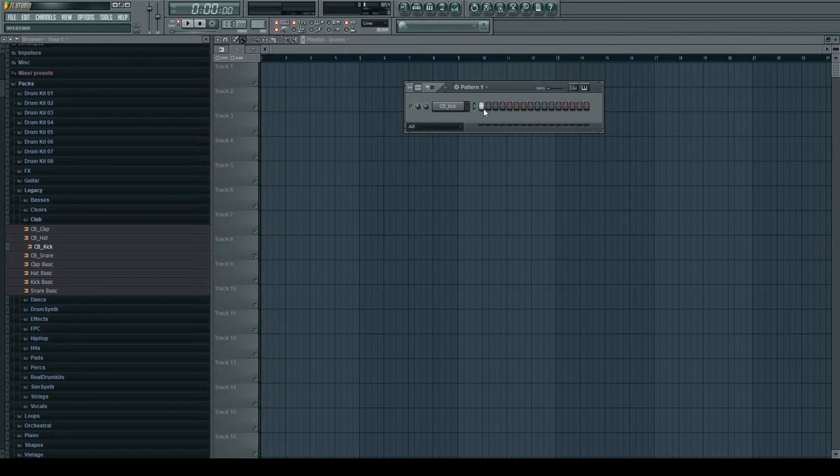So then 8th notes would be, since this is what a quarter note looks like, you're gonna put the 8th notes here. See? That's gonna be 8 notes. 1, 2, 3, 4, 1 and 2 and 3 and 4 and 1. And then of course everything would be 16th notes.